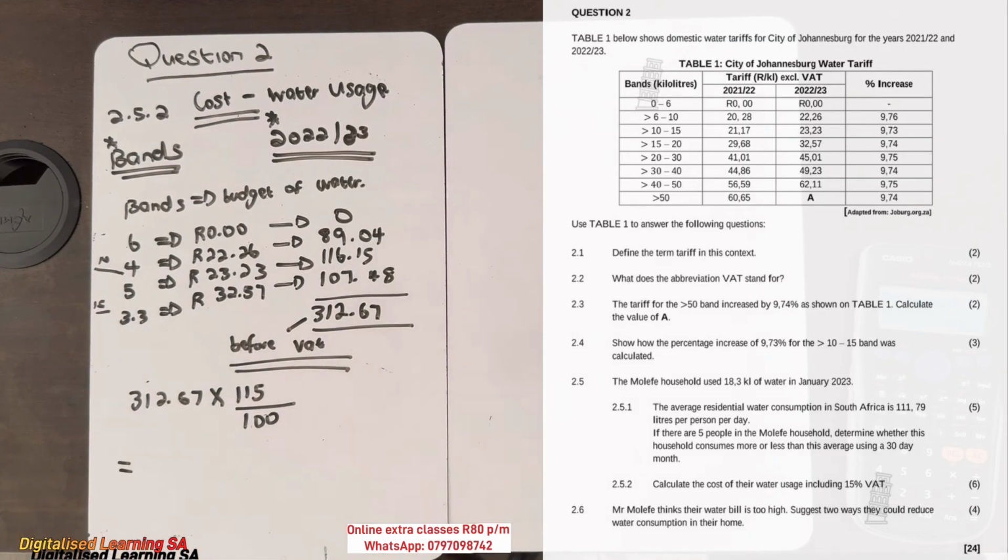So our cost including VAT will be 312.67 multiplied by 115 divided by 100.